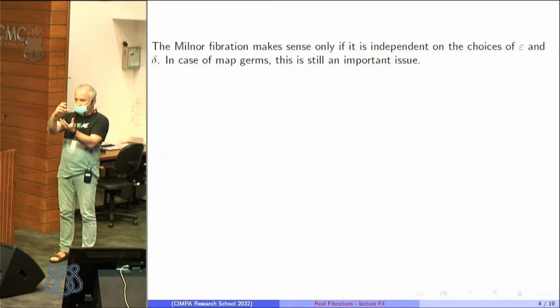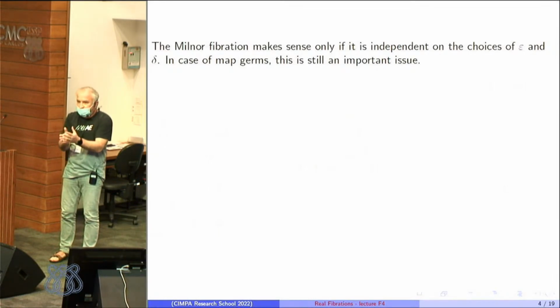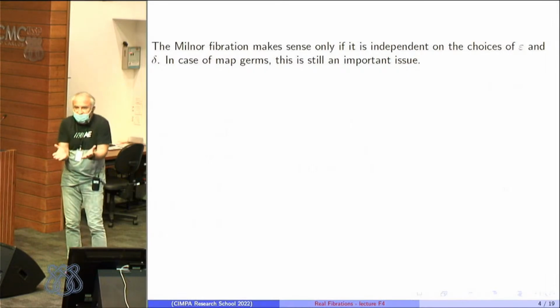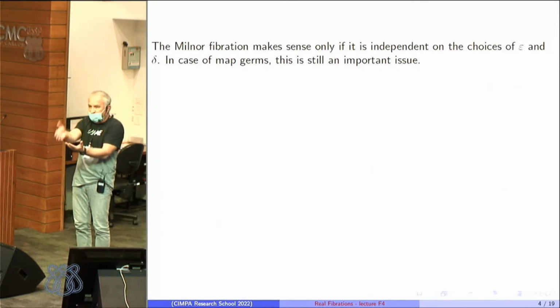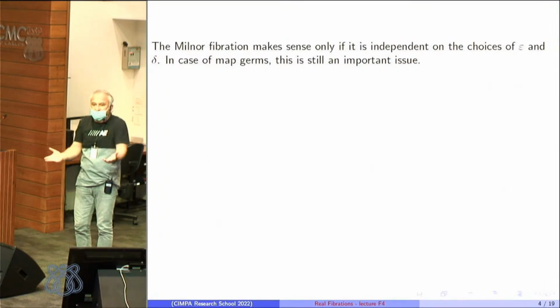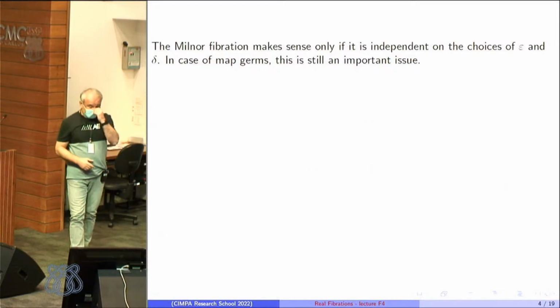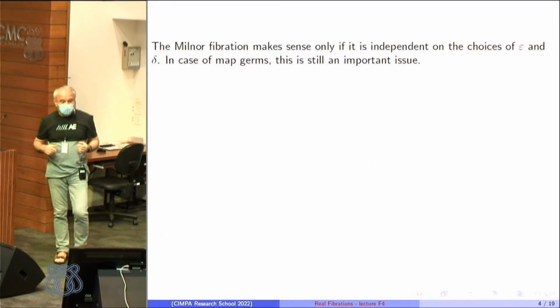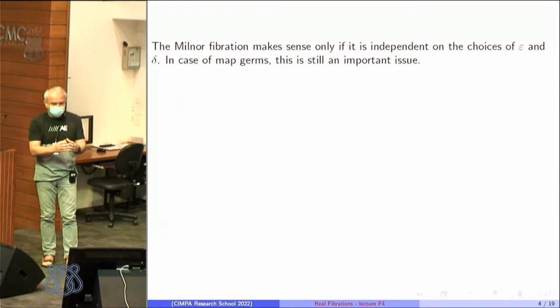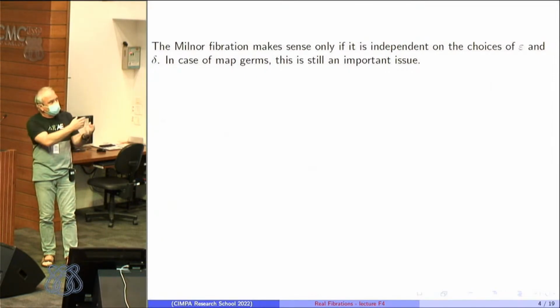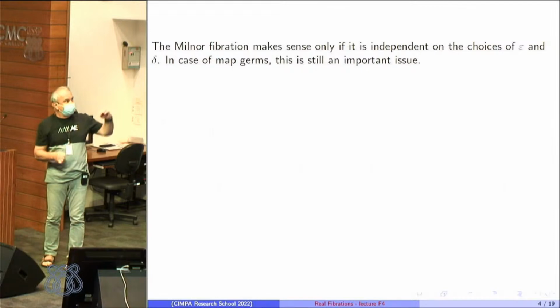If you choose a ball which is small enough, after this threshold the fibration itself doesn't depend on the radius of the ball. And it's important. If you didn't have that, you don't have anything. I mean, if for every ball you had another fibration, what's the point? That doesn't make any sense. And this issue of independence on the choices of epsilon, delta, and this kind of stuff is going to be important.